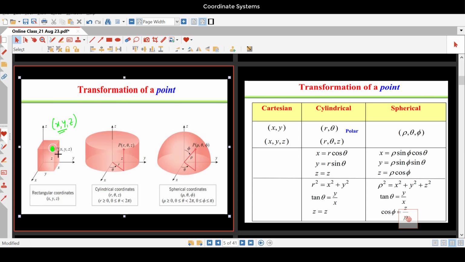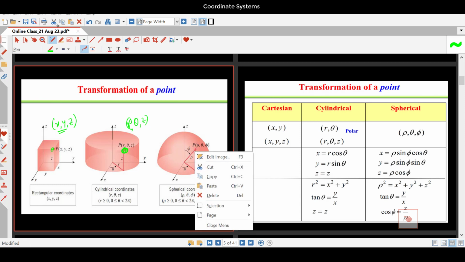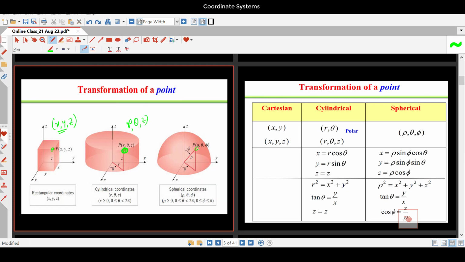Suppose we have the same point, but instead of the Cartesian coordinate system we use the cylindrical coordinate system. Then the point will be r, theta and z. Suppose we have the same point, but we are using the spherical coordinate system. In that case the point will be rho, theta, phi.